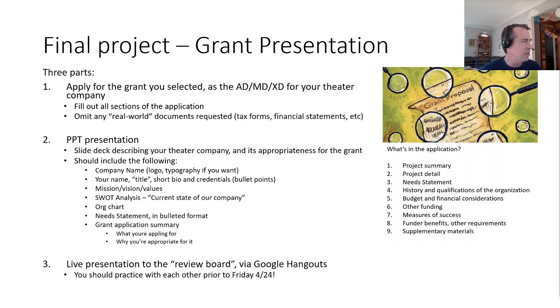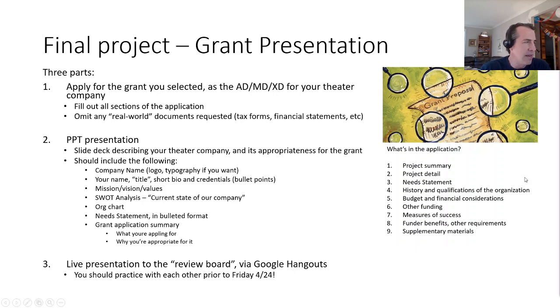You can omit any real world documents that are requested, like tax forms. You can omit those. For things like the history and the qualifications, you can use what we've worked on in class.